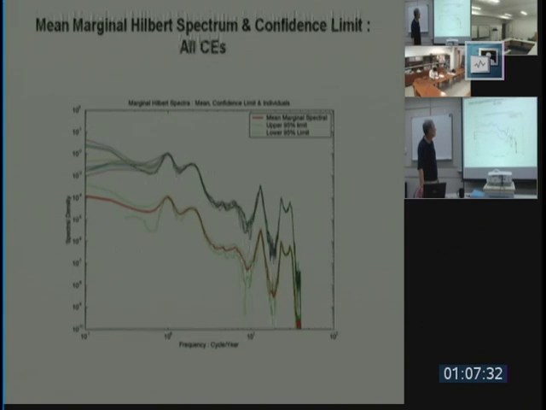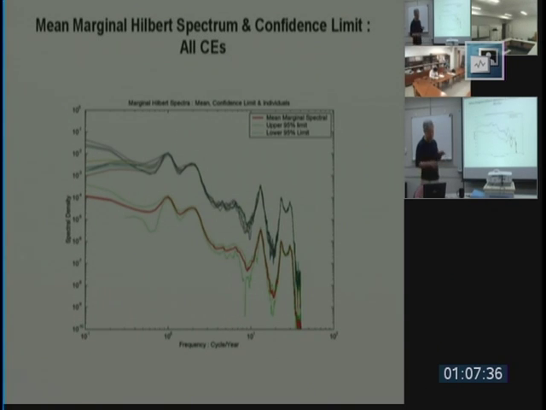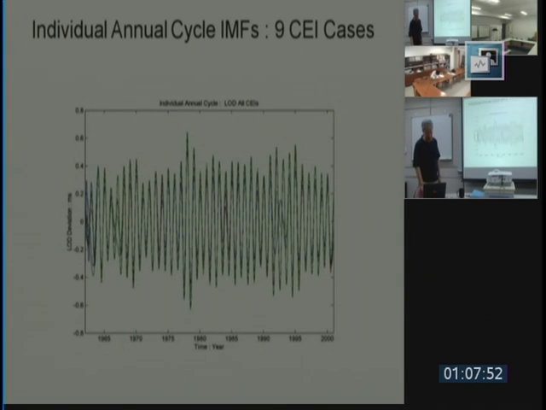The difference is very small. So in this way, we got a spectrum that we can believe. Not only can we believe it, we have a confidence limit established for the marginal spectrum and all that. And if we look at the individual components, these are the components.